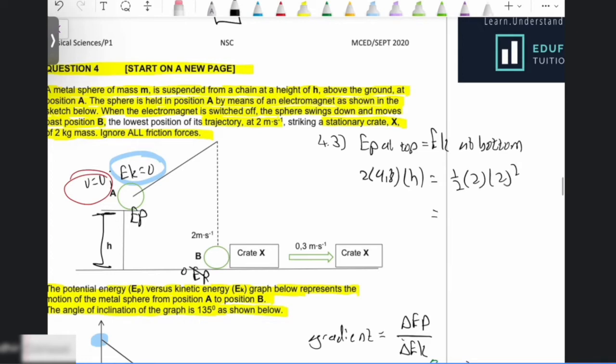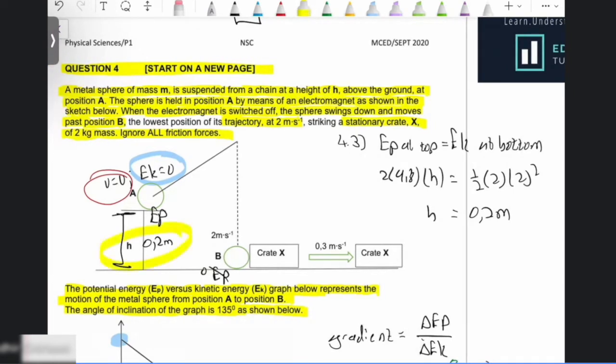Then we calculate the height. That's 4 divided by 6, and that's 0.2 meters. So this height is 0.2 meters. There are just lots of 2's here.